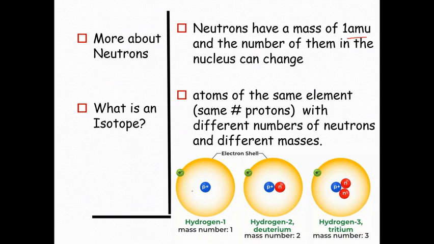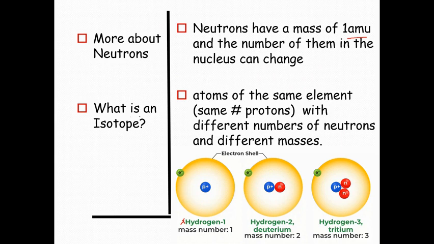So looking at the picture down below, you see that this hydrogen 1 has no neutrons in it, just a proton. Hydrogen 2 has one neutron, one proton. And hydrogen 3 has two neutrons and one proton.